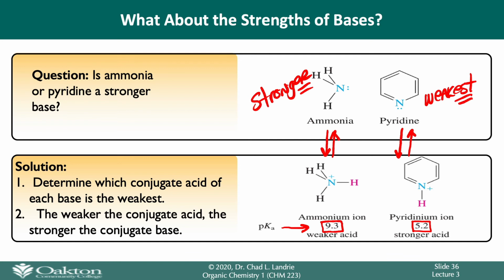We're not saying strong and weak. Those would be absolute terms. But ammonia is a stronger base than pyridine. And we arrived at that conclusion by looking at the pKa values of the conjugate acid. So if you can make conclusions about conjugate acids, then you can infer those same conclusions for conjugate bases.